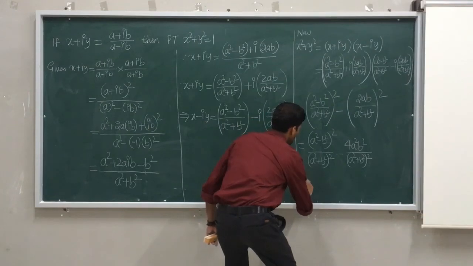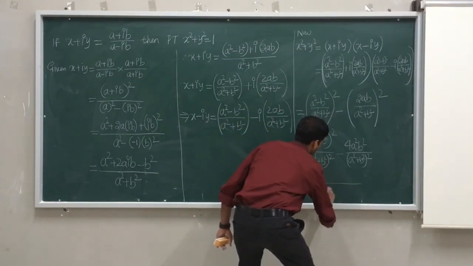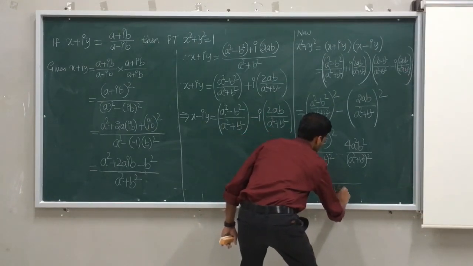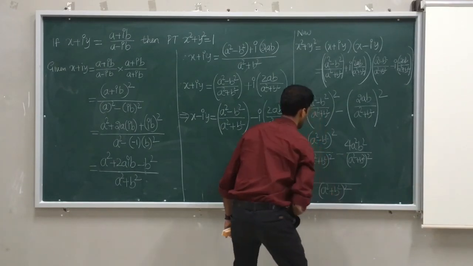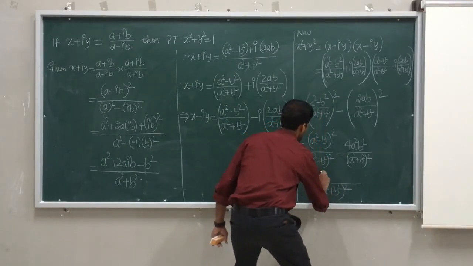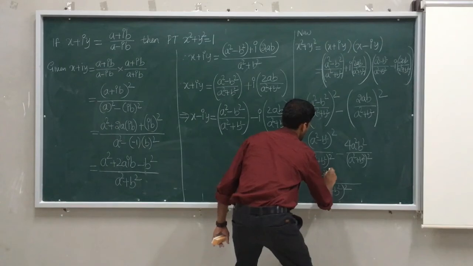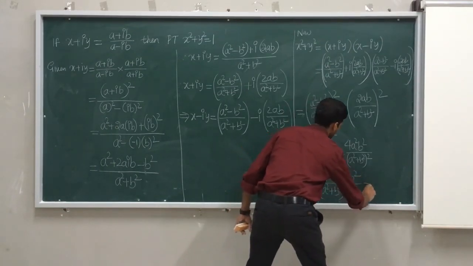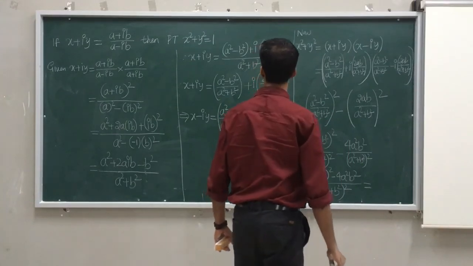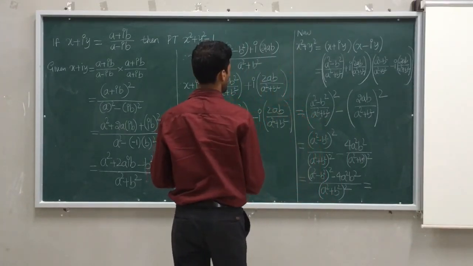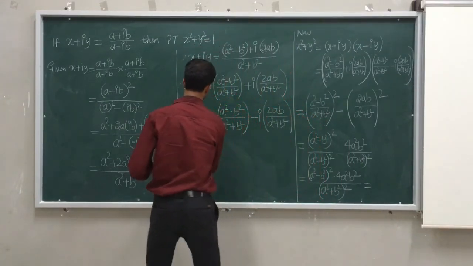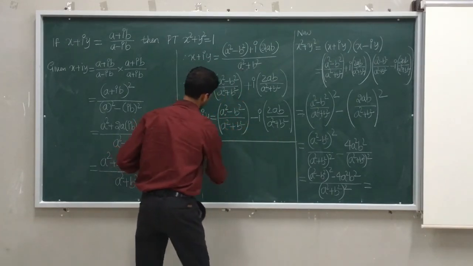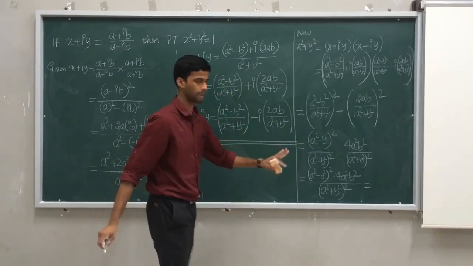Okay, anyhow denominator become common now. It is a square plus b square the whole square. Numerator become a square minus b square the whole square minus 4a square b square. Now because of less space, I will continue this problem here. Please take care.